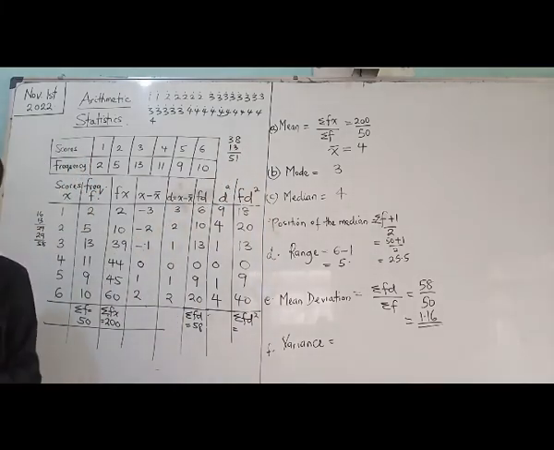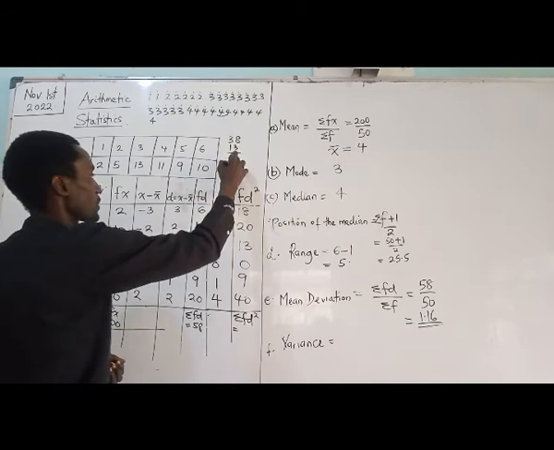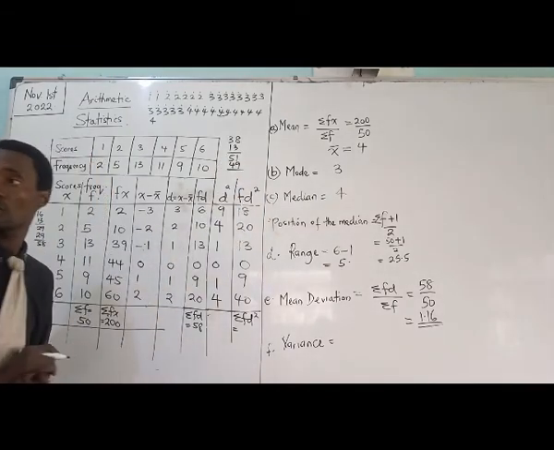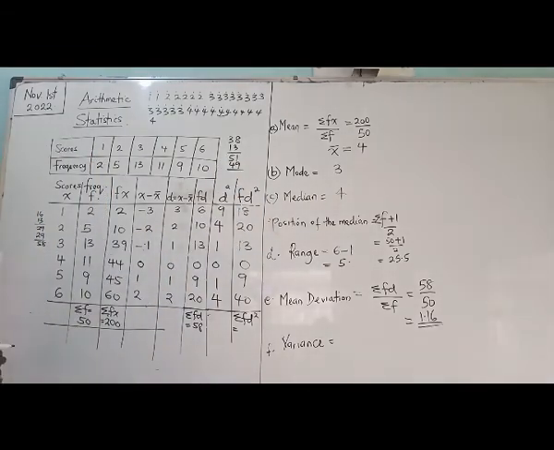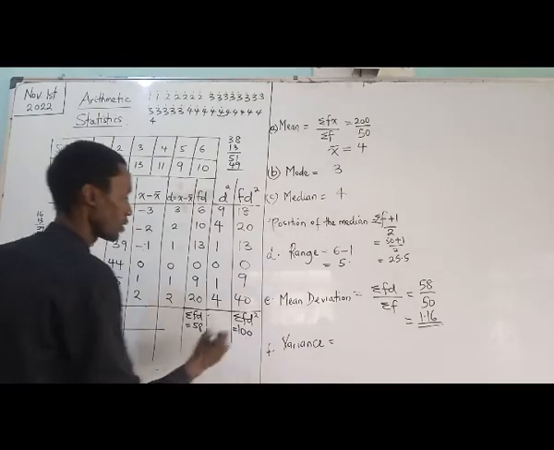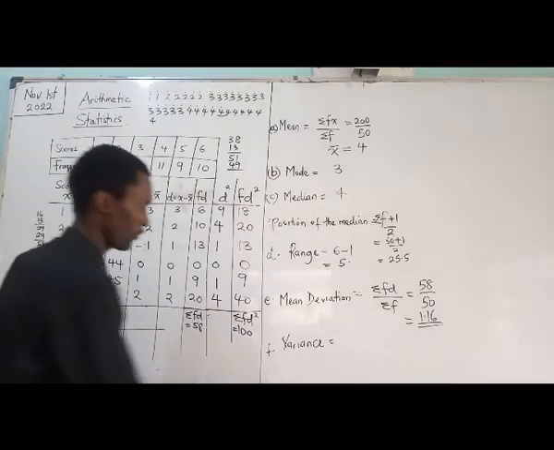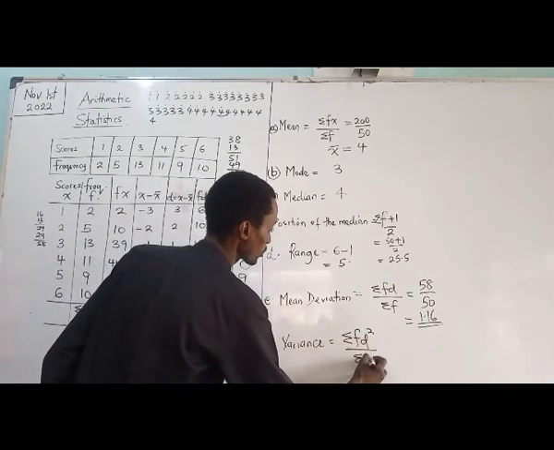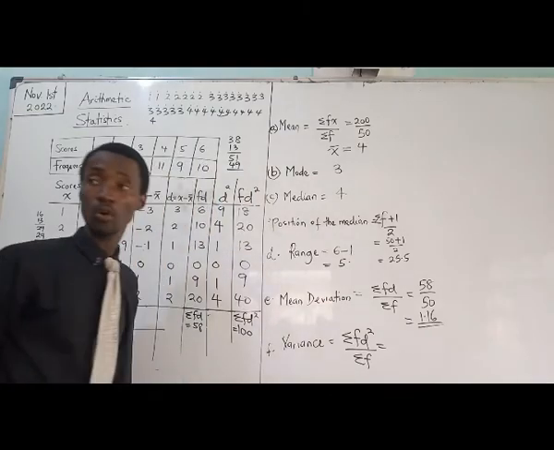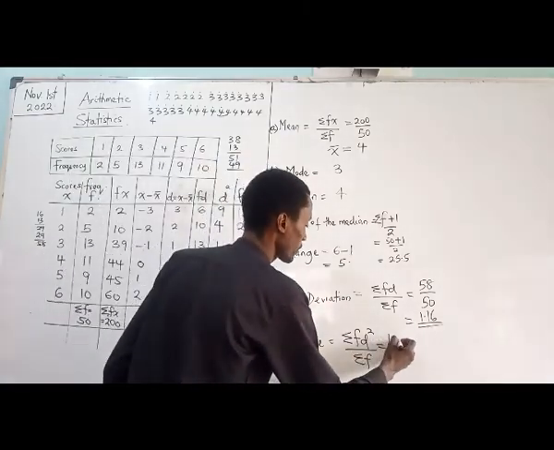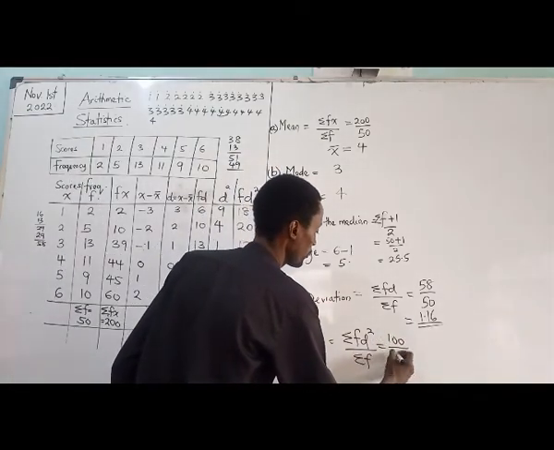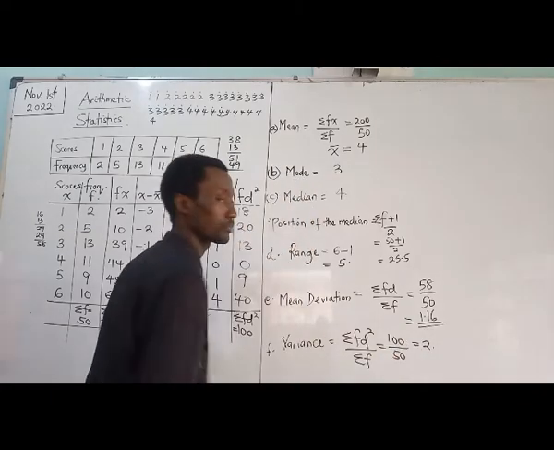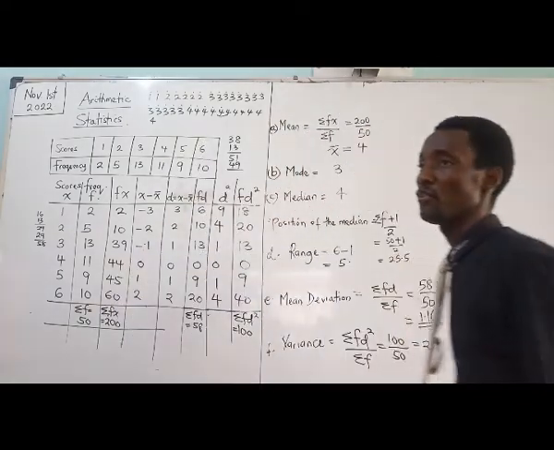And 51 plus 49 will give you 100. So what is the variance? The variance is expressed as summation FD squared over summation F. And if you do that correctly, that will be 100 divided by 50. And that will be 2. So we have gotten the variance.